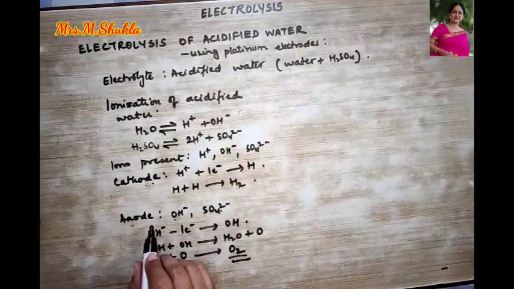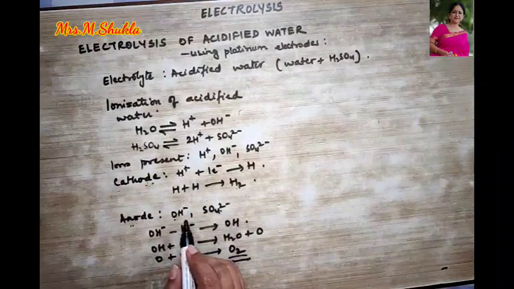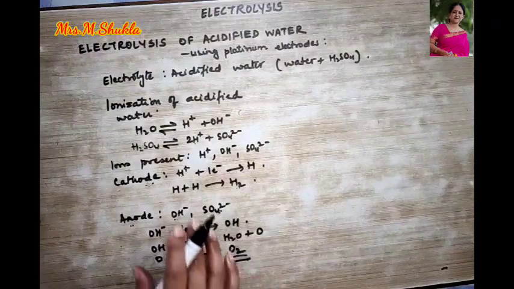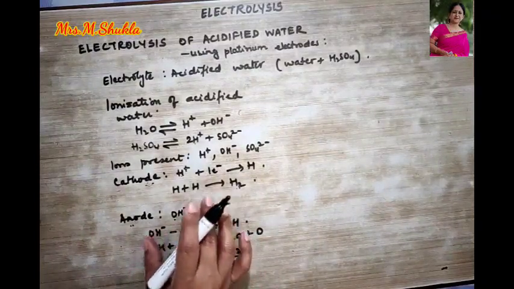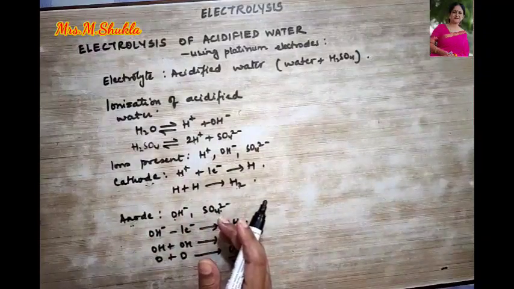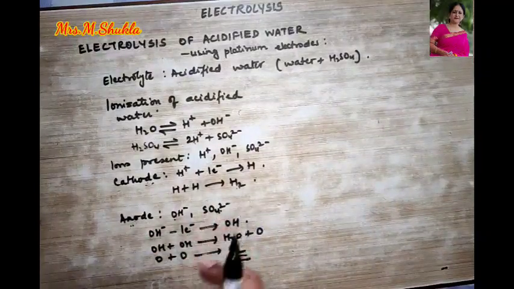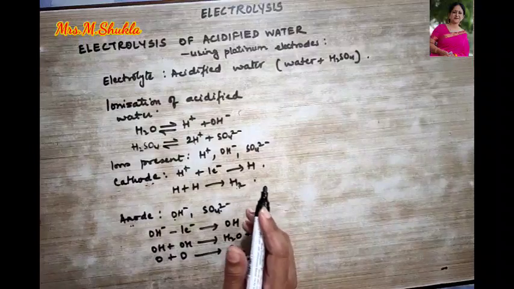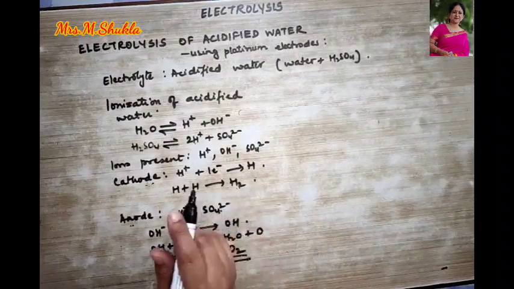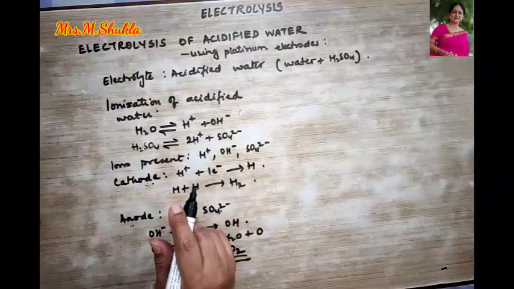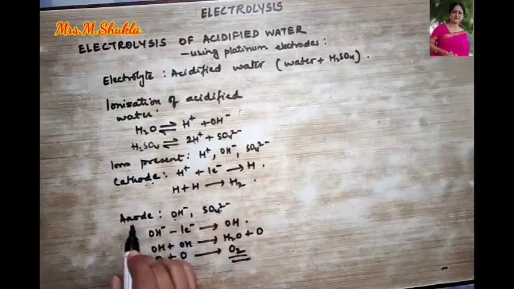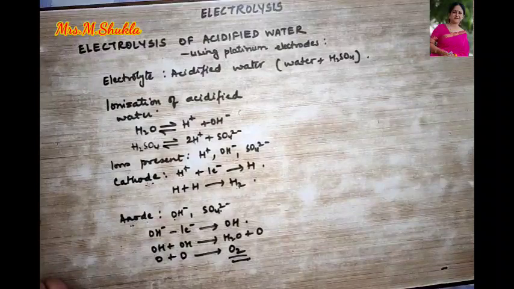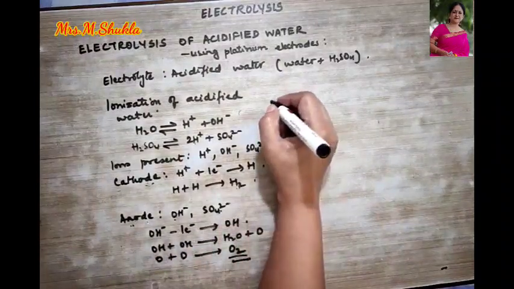Now talking about anode, the discharge of OH group disturbs the ionic equilibrium of the water, and to maintain it, the water ionizes further. Thus the excess of H+ ions produced and the sulfate ions that are present increase the concentration of sulfuric acid at anode. Okay, so I mentioned it over here.